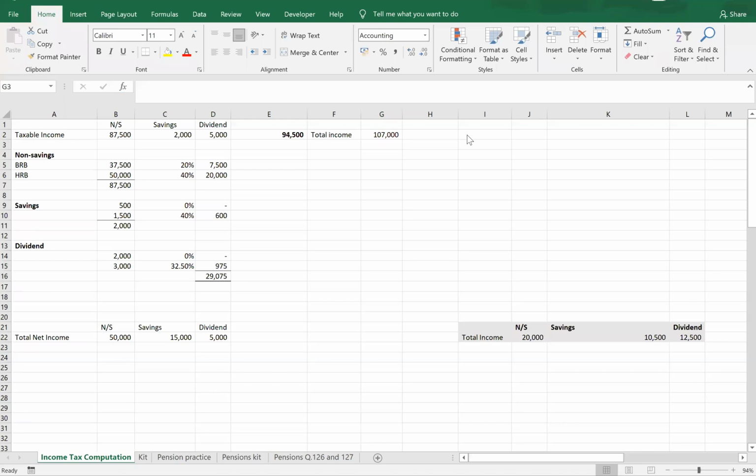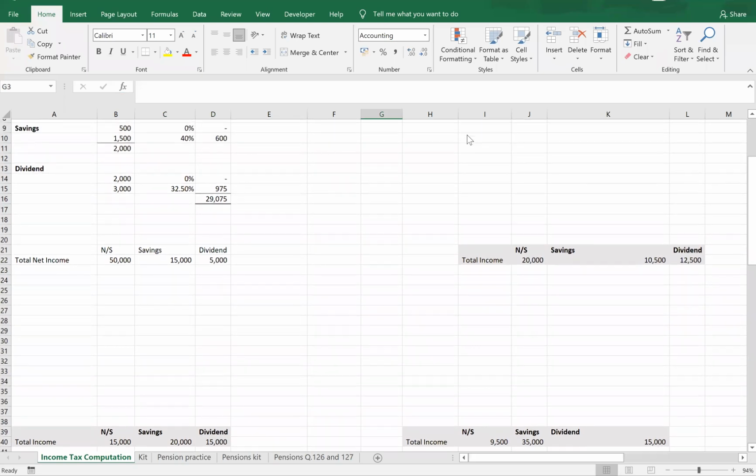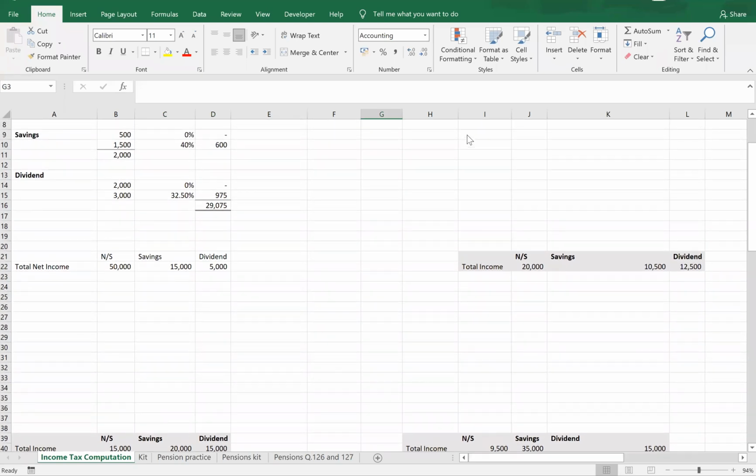Now, I want you to solve two very simple examples, and then we'll end the class. Please specifically focus on the narration, because the narration over here says total net income. The narration over here says total income.